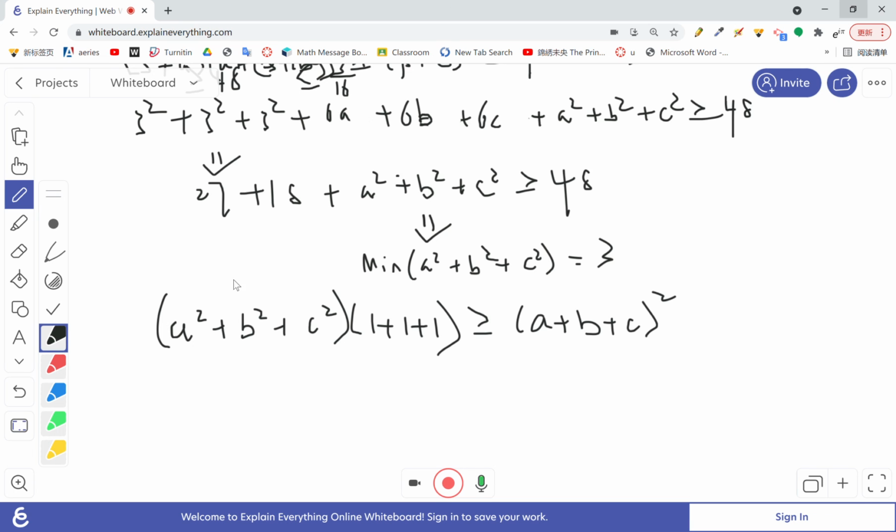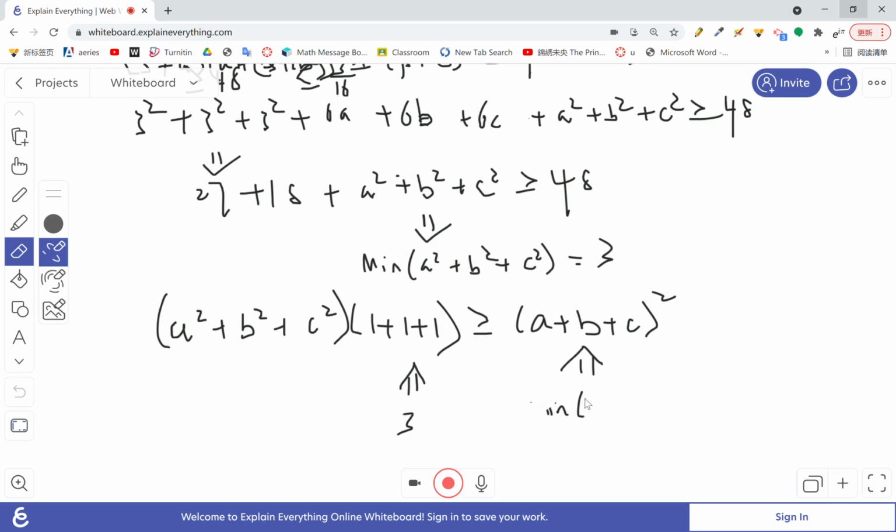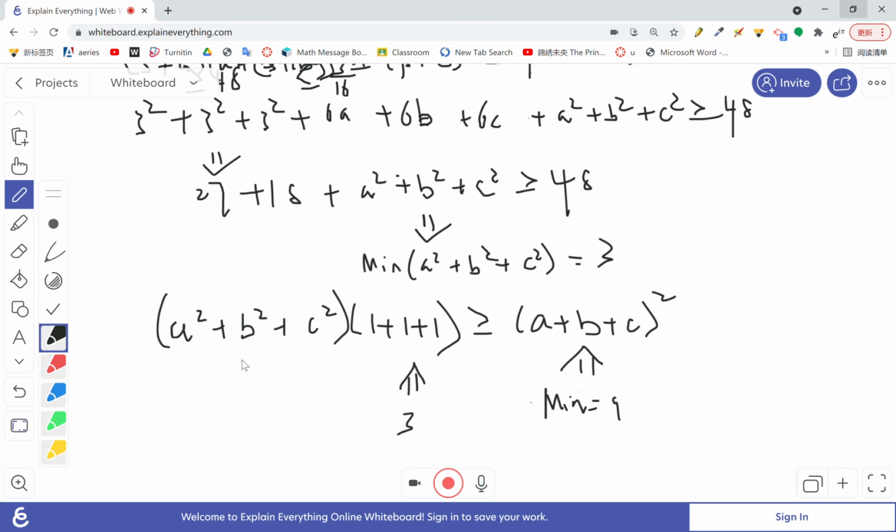Now we know that this is 3, so the minimum value of this is 9. So the minimum is equal to 9, which means the minimum of a squared plus b squared plus c squared is just equal to 3.